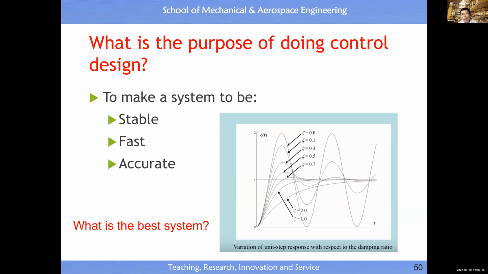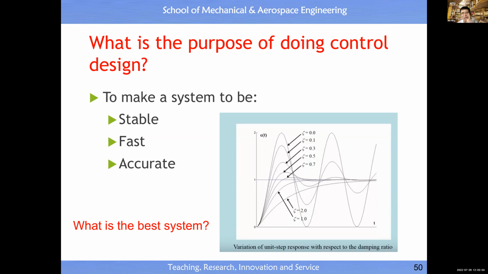And also remember, yesterday in lecture 1, when we talked about the system, I told you to remember that the best systems in the universe are static systems. We want the dynamic system to behave as much as possible like a static system. This is why we need to do the control. This is the only way for us to make a dynamic system behave like a static system as much as we can.